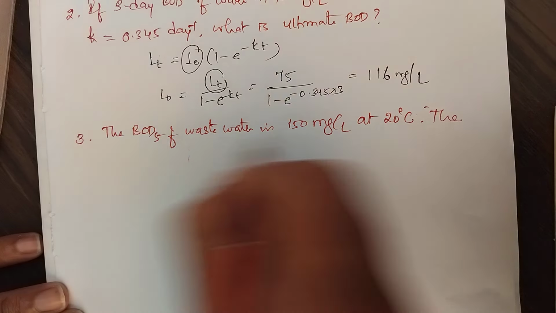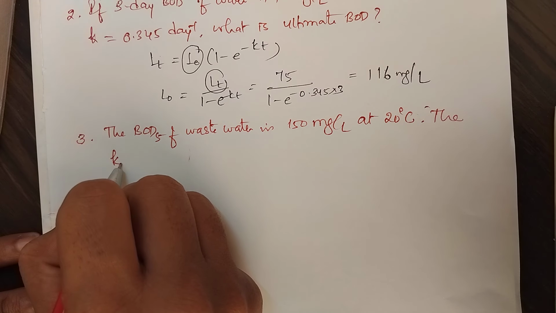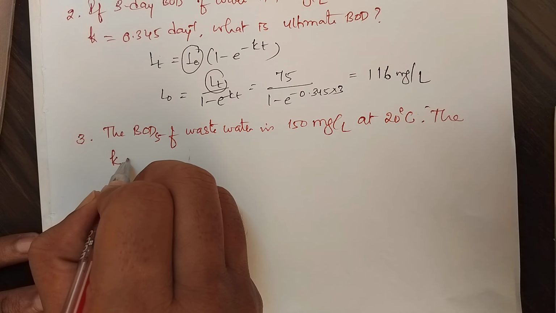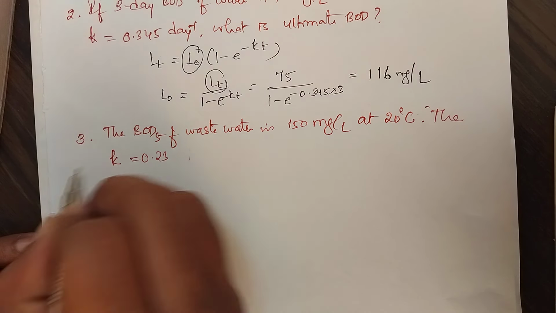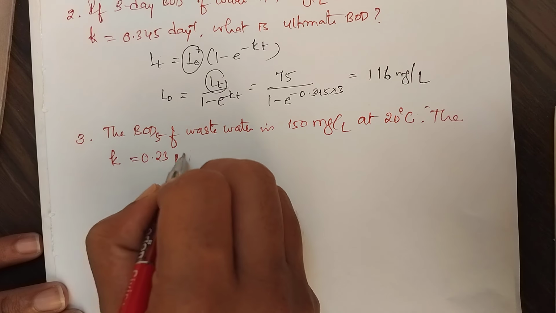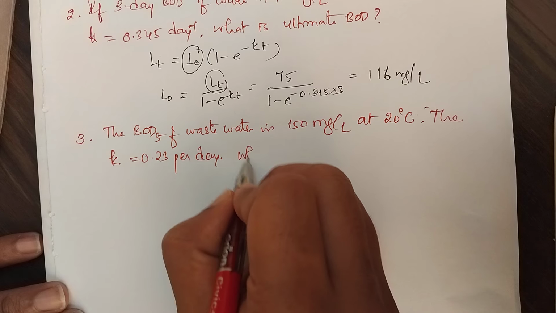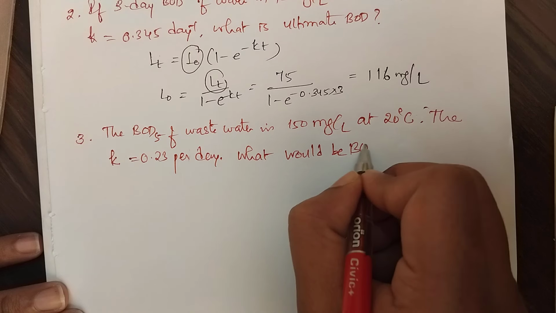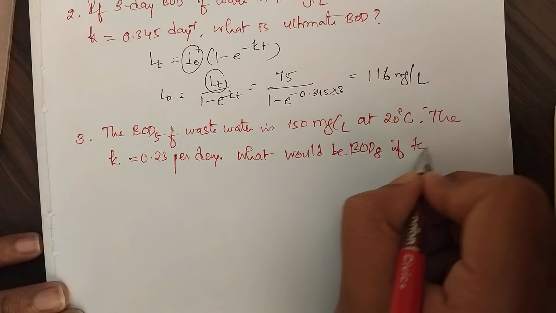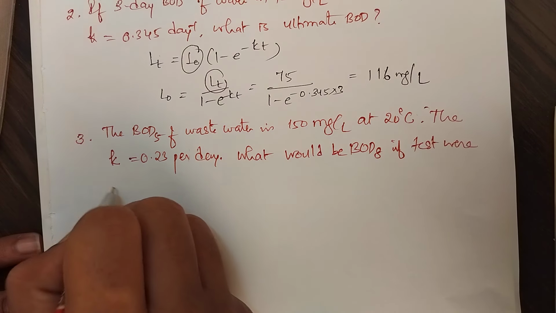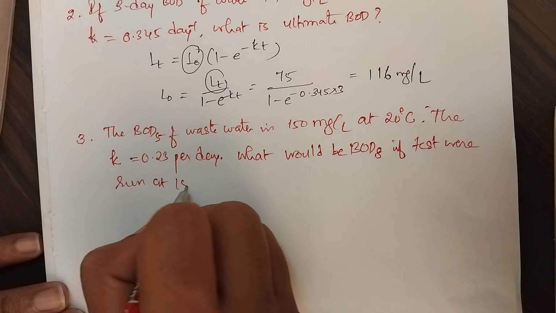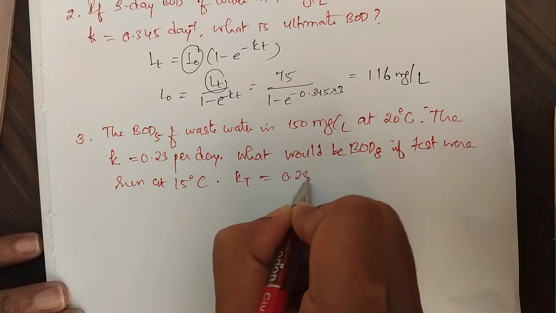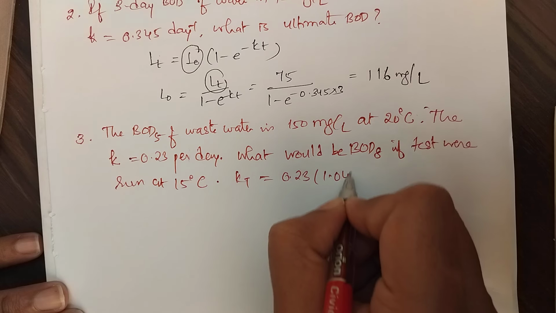The K value is known to be 0.23 per day. What would be BOD8 if the test were run at 15 degrees Celsius, given KT is equal to 0.23 into 1.047.